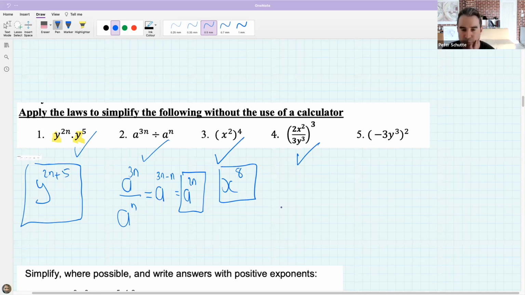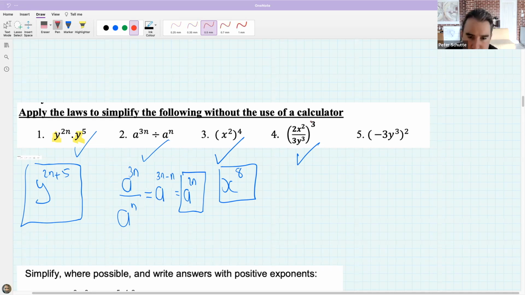Now, 4 and 5 are a little bit trickier. So we have to be a little bit more careful, but let's do them. There's actually different ways you could do this.